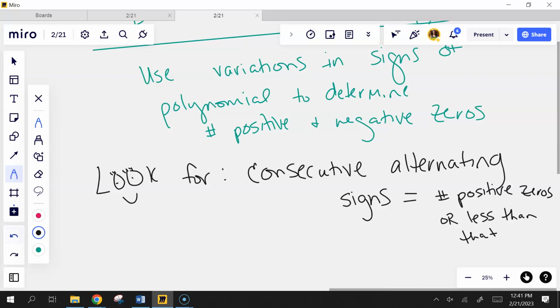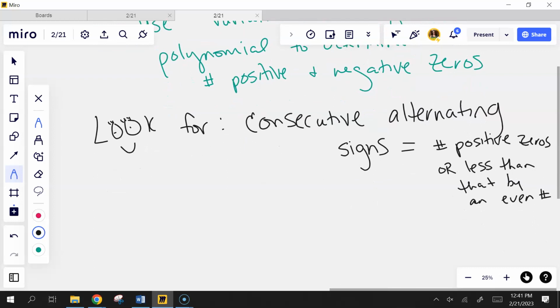Or let's say even. For example, if signs alternated 8 times, there were 8 alternations of signs, and I'll show you what this looks like.